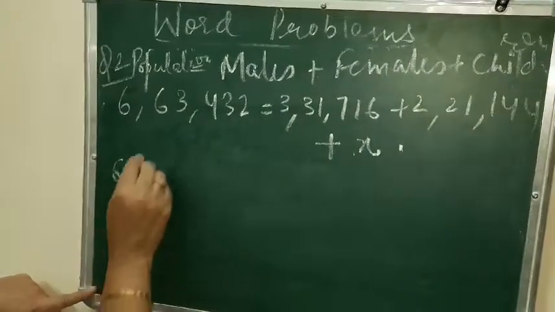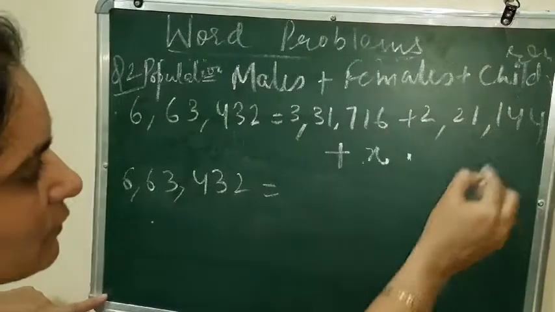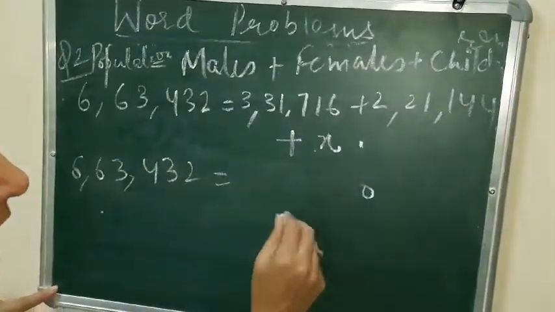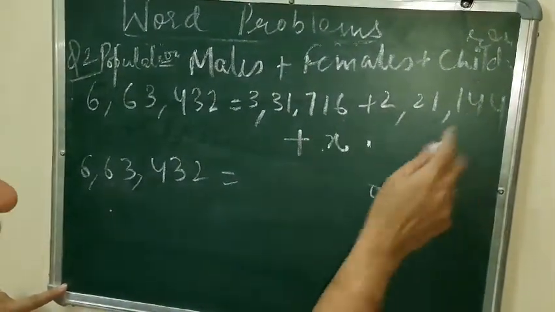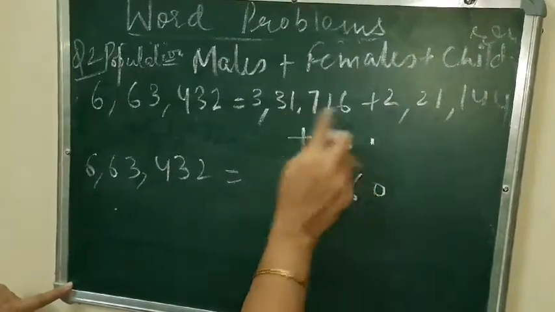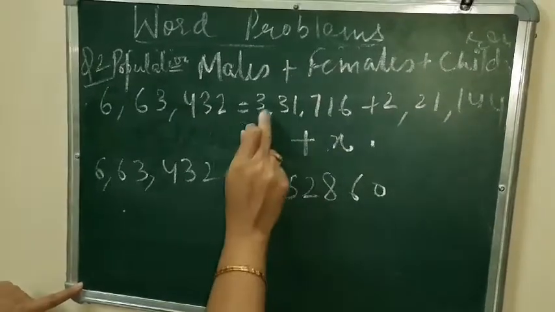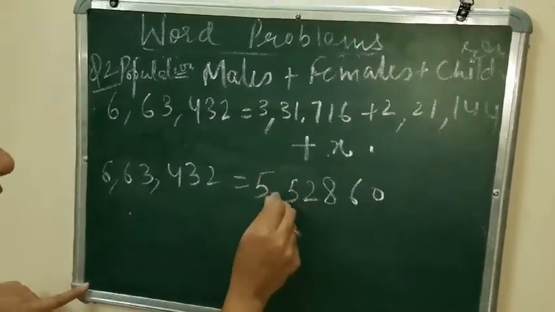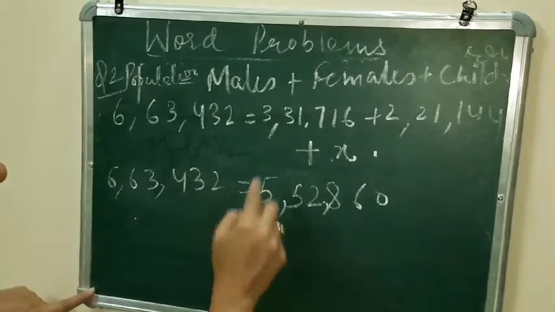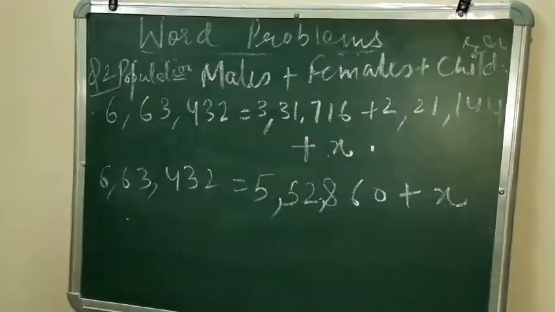Now for solving, first we will add these two. When you add these two, it will be 6 plus 4, 10, 1 carry, 2 plus 4, 6, 7 plus 1, 8, then 1 plus 1, 2, 3 plus 2, 5, and then 3 plus 2, 5. So this will be your total of males and females, and now you have to find number of children.